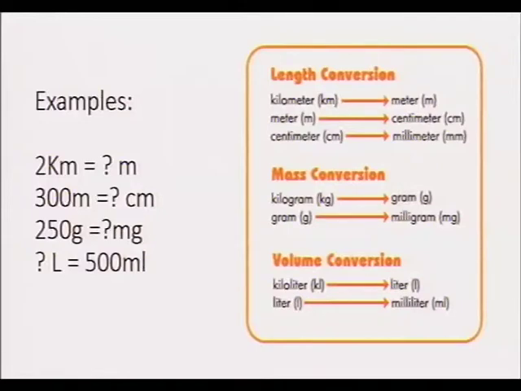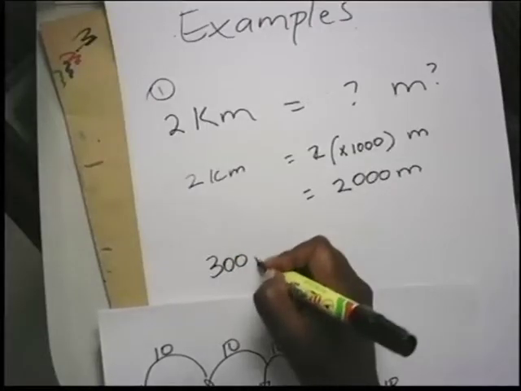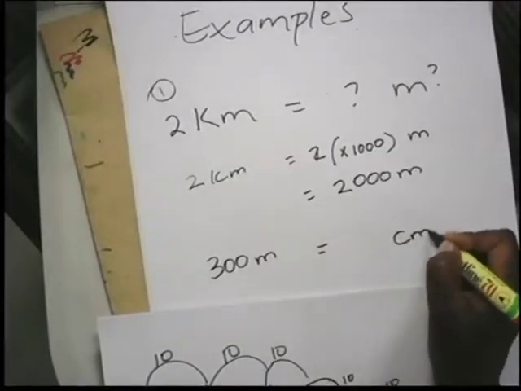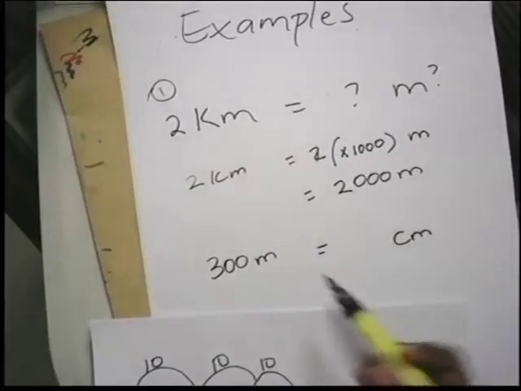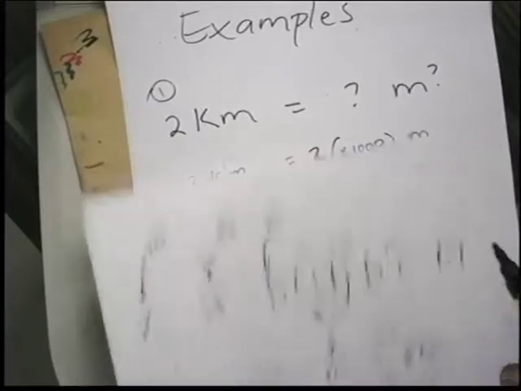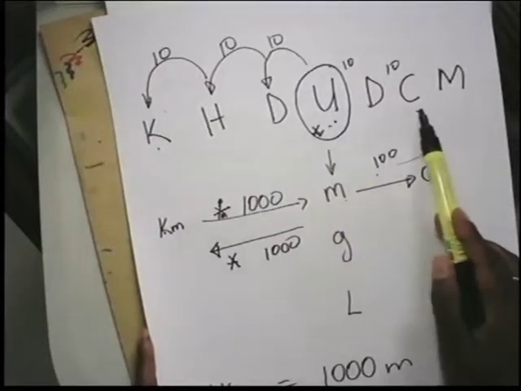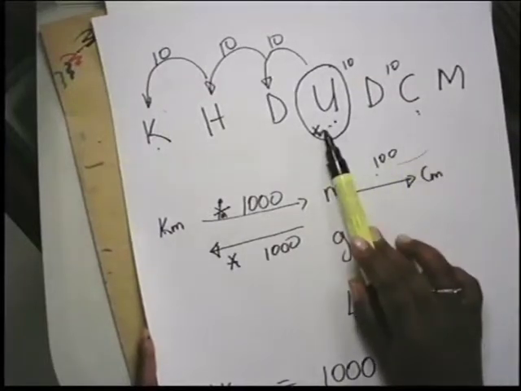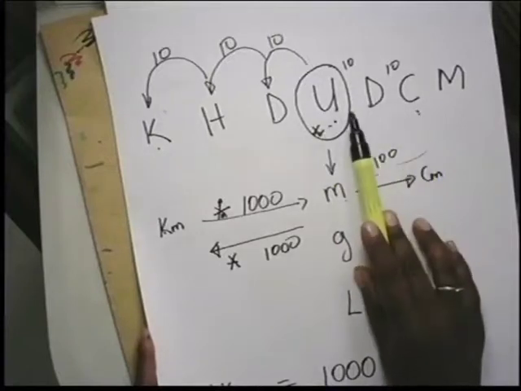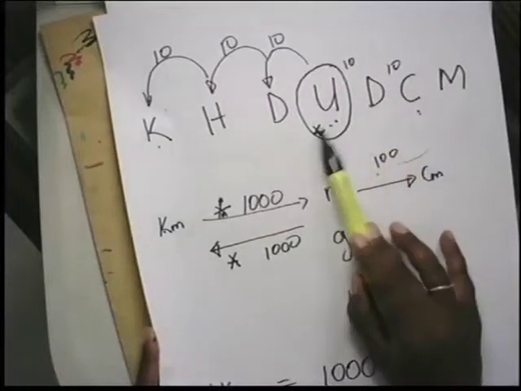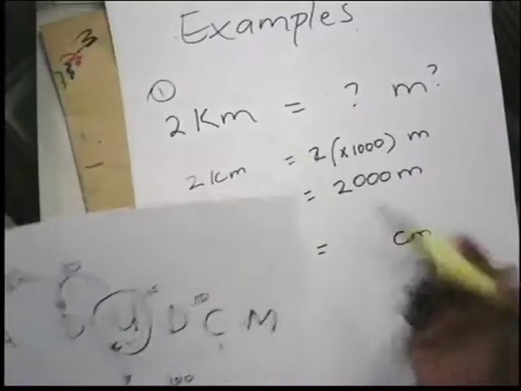We want to change 300 meter, and we want to change it to centimeters. Still we are moving, if we look at our first, from meters to centimeter. Meters are bigger than centimeters, but in between here there is 10 times 10, then is 100. So that means we are multiplying.